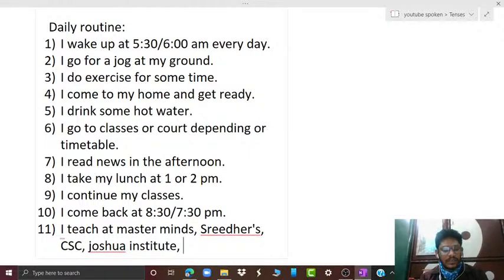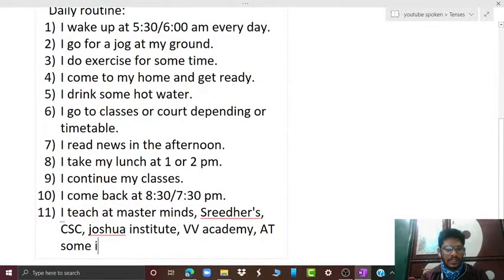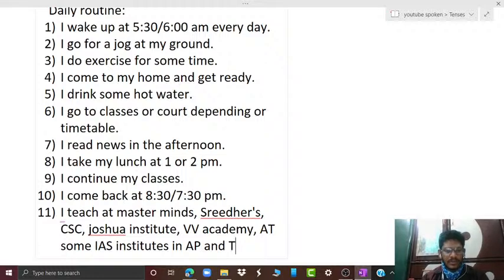And I also teach at VV Academy in Vijayawada and several IAS institutes in AP and Telangana. And then I teach at Teachers Academy in Khammam.